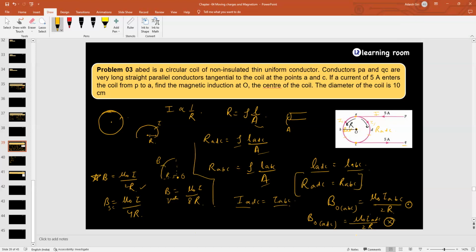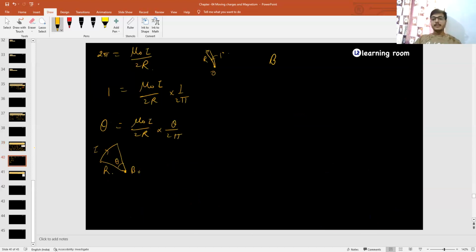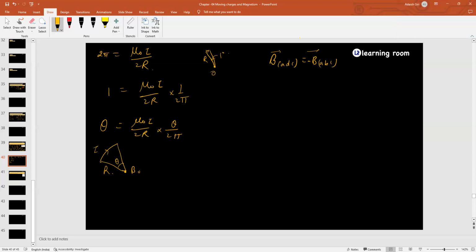Right. So what will happen if you have two magnetic fields? B ADC is equal to B ABC, isn't it? But with a negative sign, because both of them are vectors. Agree? Yes.